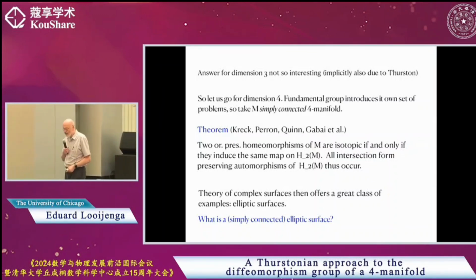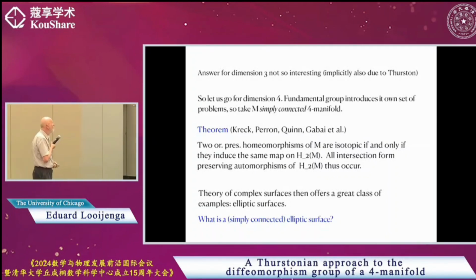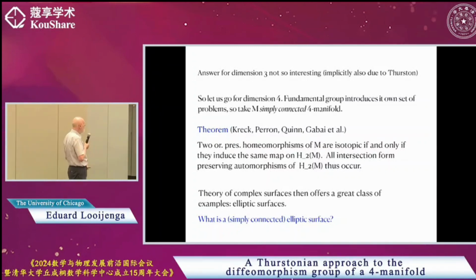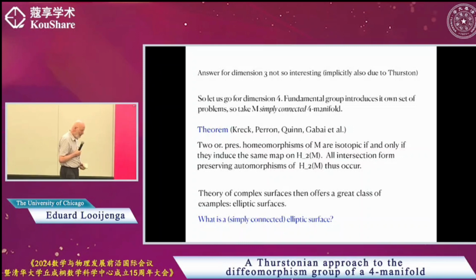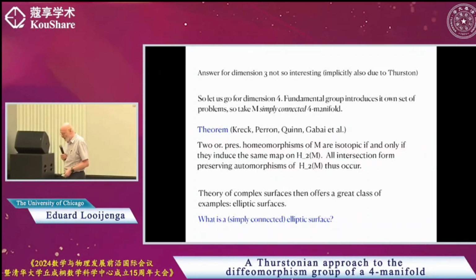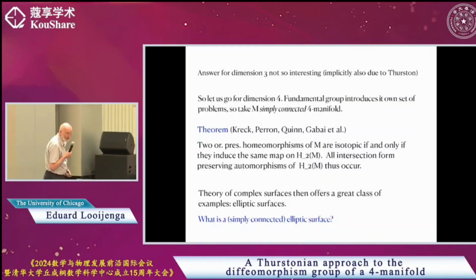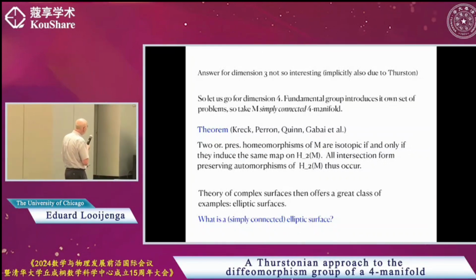This intersection pairing is unimodular by Poincare duality. The homeomorphism preserves orientation and it preserves the intersection pairing. And in fact, the statement is, if you have two homeomorphisms which induce the same orthogonal transformation in the second homology, then they're isotopic. And complementary to that, every orthogonal transformation arises in this manner. So that gives you a pretty complete picture.